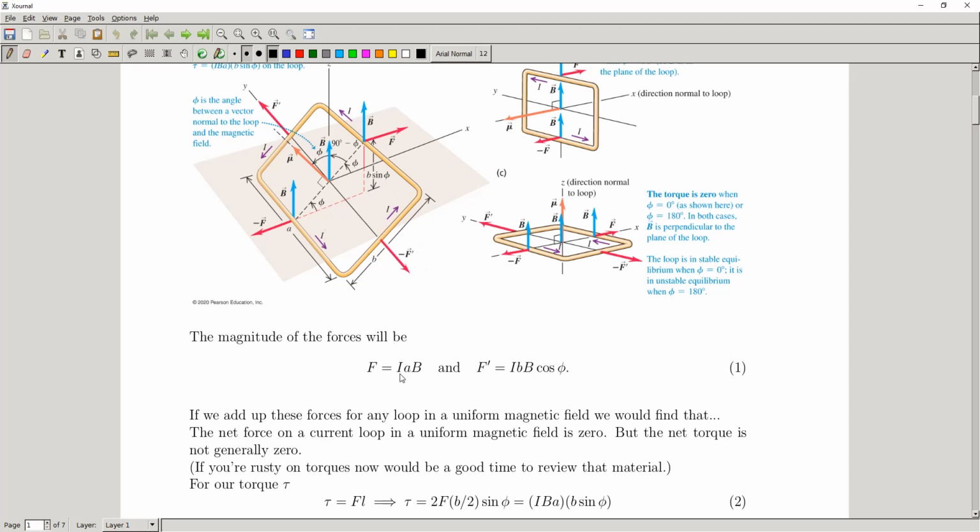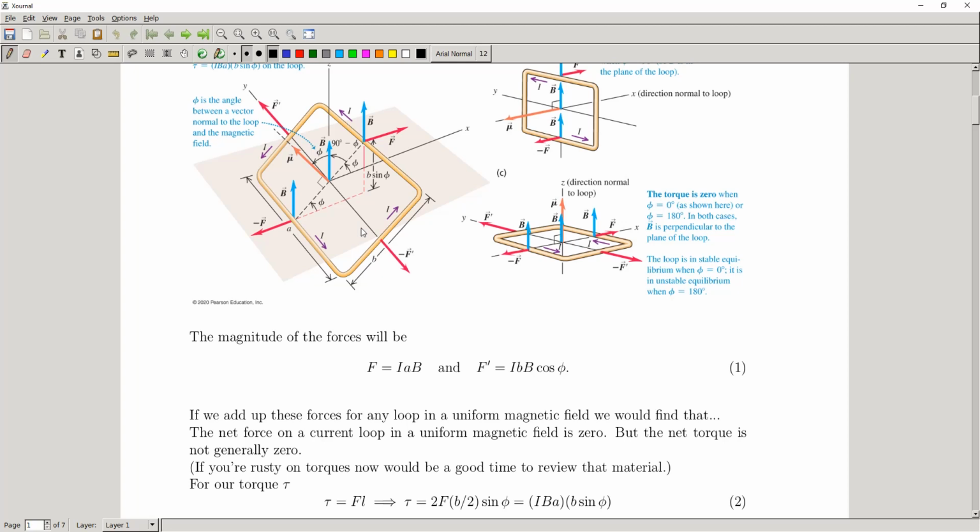It's going to be equal to IaB, where a is the length of this side, I is our current running around the wire, and B is the magnitude of our magnetic field, right? And this F prime is going to be equal to IbB cos phi, okay? And so that's the magnitude of this force acting in the positive and negative y directions.